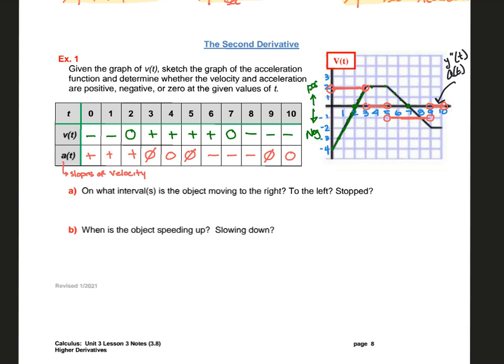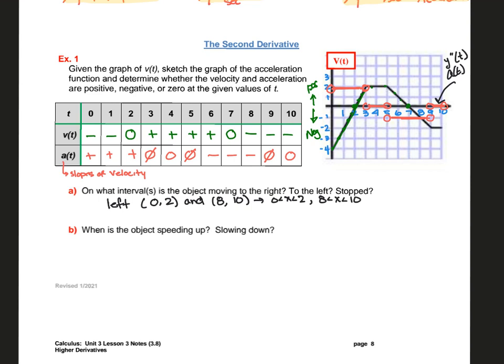So we can say that it's moving to the left on the interval from 0 to 2 and from 8 to 10, or if you prefer greater than, less than notation, you could write it like that.